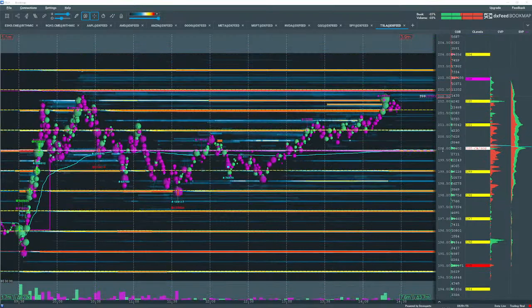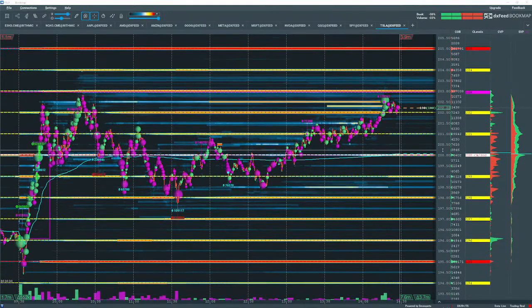Let's see what's in play above. I expect to see high liquidity at 205, and yeah, there it is. Now notice this is the upper edge of the expected move, and this is a 1 week expected move based on the options market.